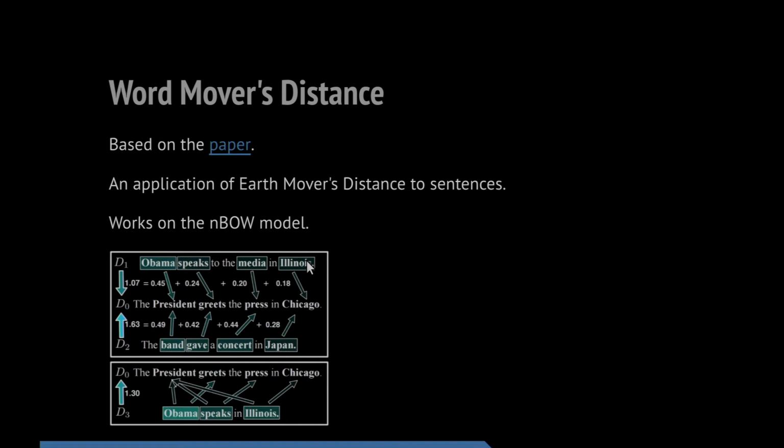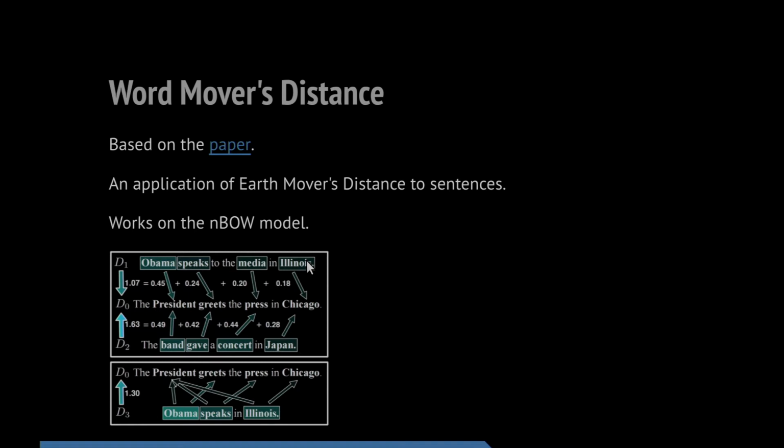So what you do is that you solve a linear programming problem. You map different words to each other. Words have weights, and you have a cost for transitioning from one word to the other word. And it allows you to take into account synonyms. And word2vec gives you exactly that. It allows you to group synonyms together.